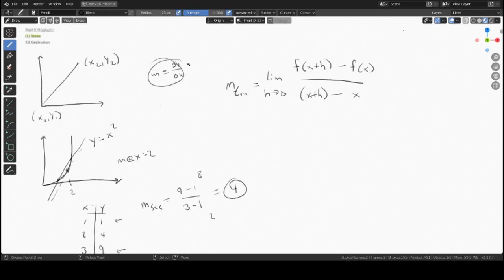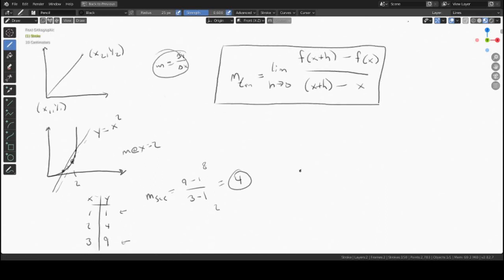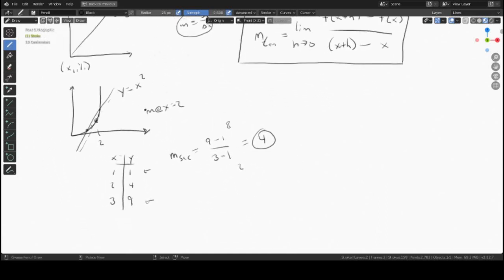This is going to be our limit definition of the derivative, and we're going to use it to find the exact value of the slope of the tangent line at x equals 2.